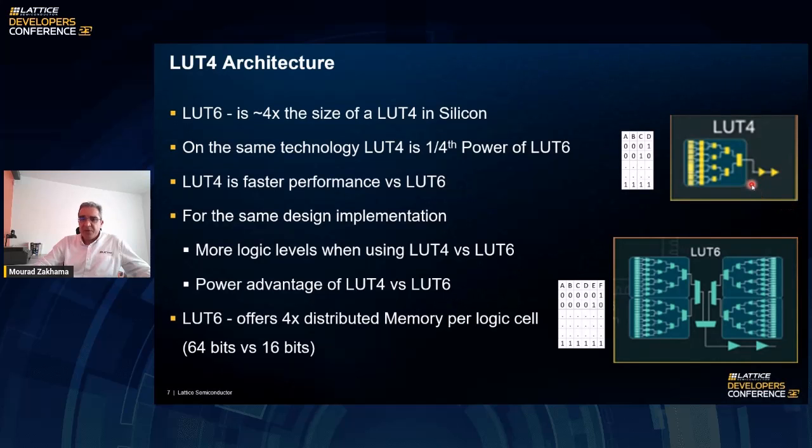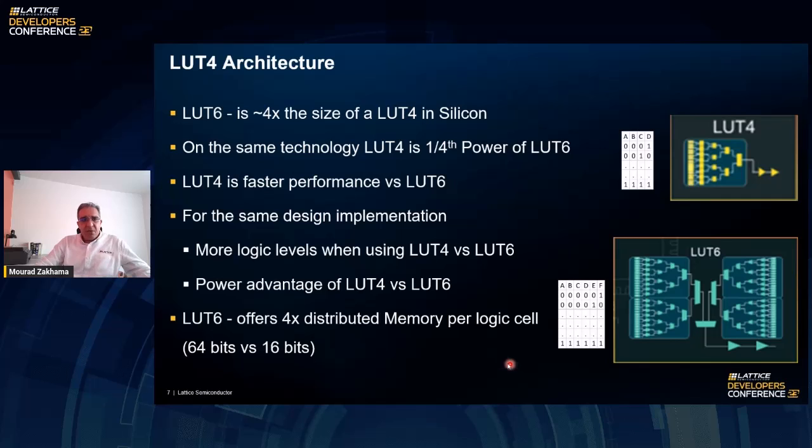They are also faster, but you need a bigger pipeline, or a bigger number of logic levels, when you use a LUT4. The other difference is that LUT6 offers more distributed memory versus a LUT4, 64-bit versus 16-bit.